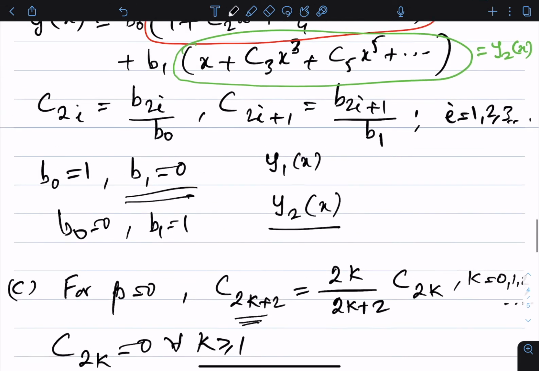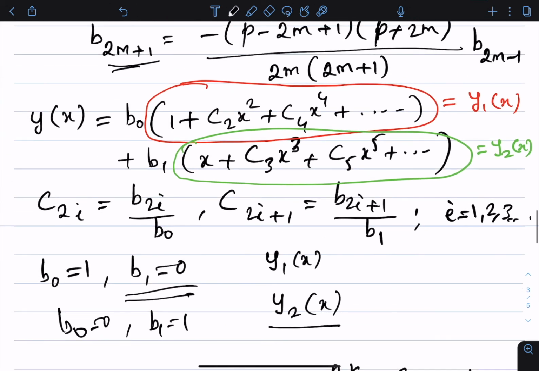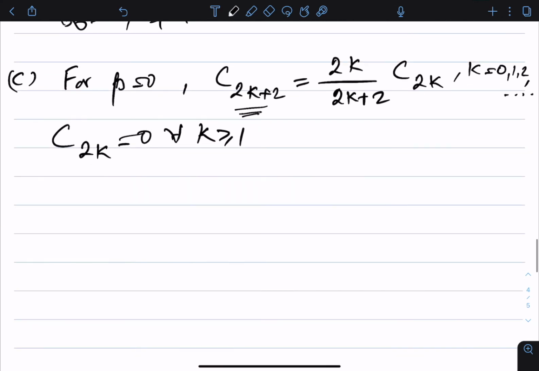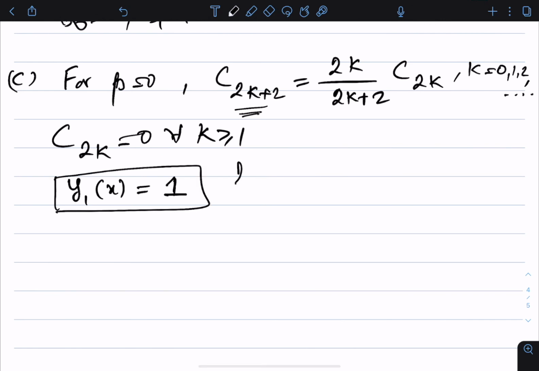And if all these even indices are 0, y1 is precisely the constant function 1, because we have chosen b0 to be 1. So y1 of x is precisely the constant function 1. This is the Legendre polynomial of degree 0.